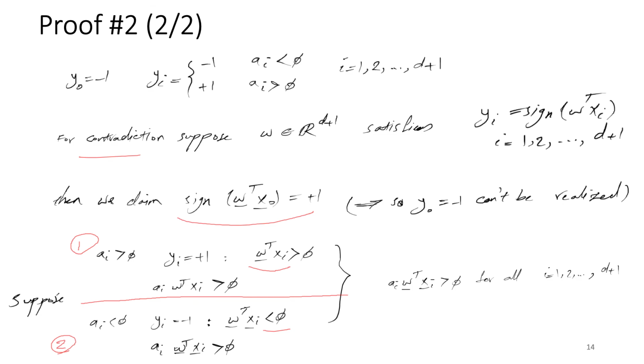You see that on both cases, the value a1 multiplied by wt multiplied by xi are positive, right? For all the i's from 1 up to d plus 1.